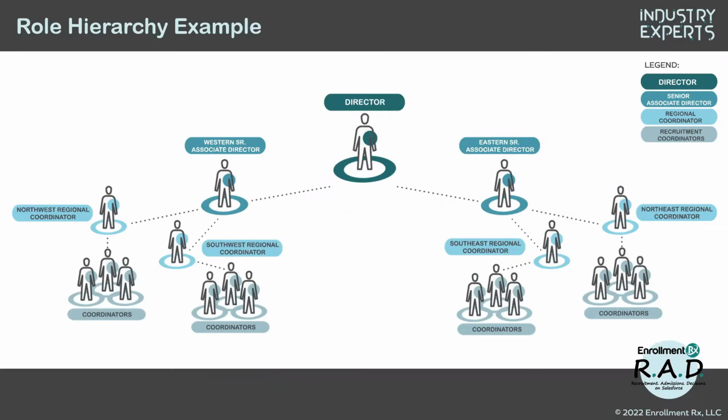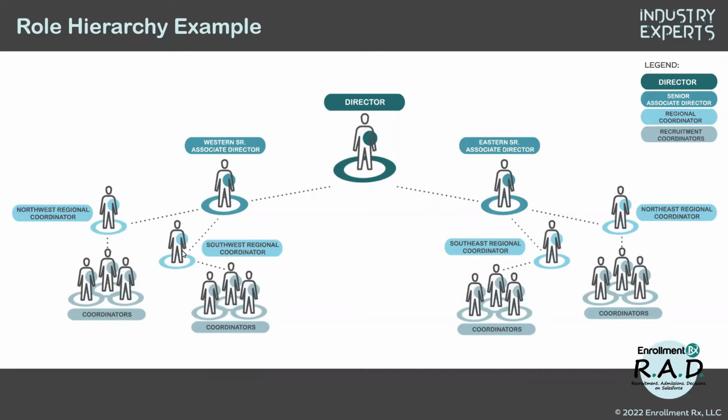So in our example here, all records that are owned by the coordinators directly under the Northwest Regional Coordinator will be shared to that regional coordinator. And users in the Southwest Regional Coordinator, whether it's the coordinator or the regional coordinator, will not have access to those records owned from the Northwest side.